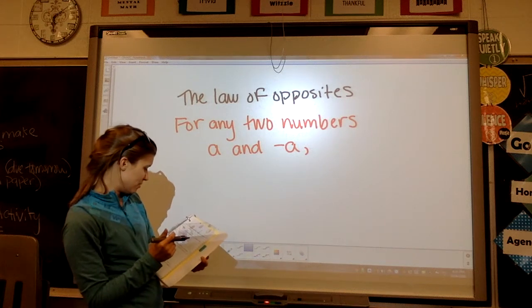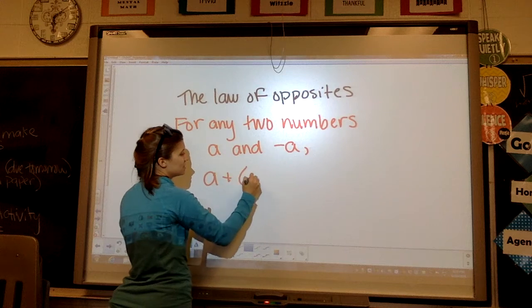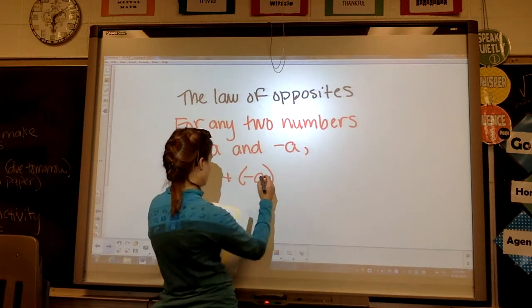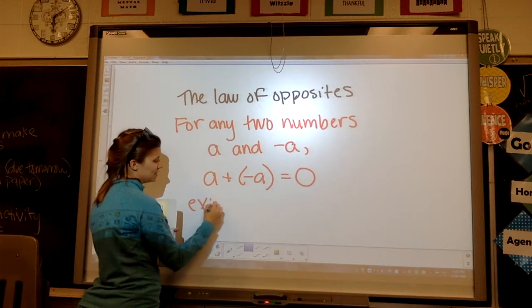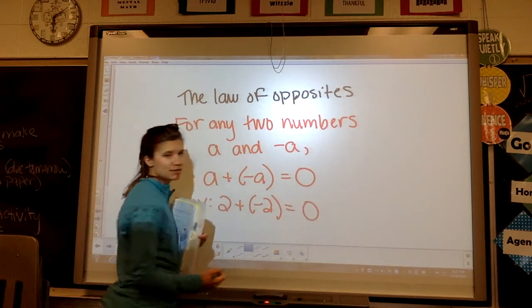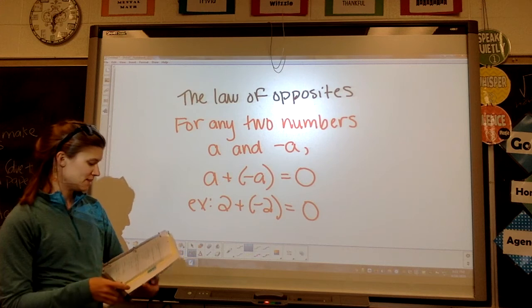For any two numbers, A and negative A, this is true. A plus negative A, so a number plus its negative equivalent, is equal to 0. So for example, it says that 2 plus negative 2 is 0. I think we knew that, right? So that's the law of opposites.